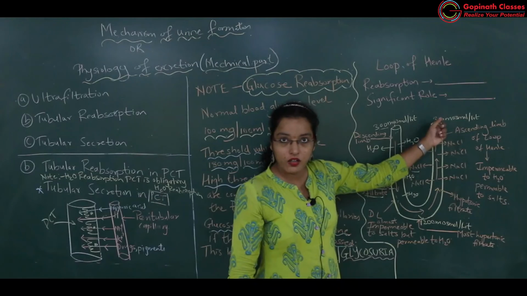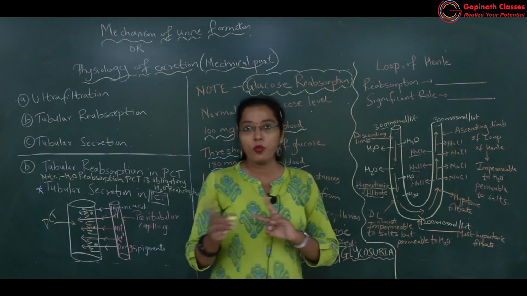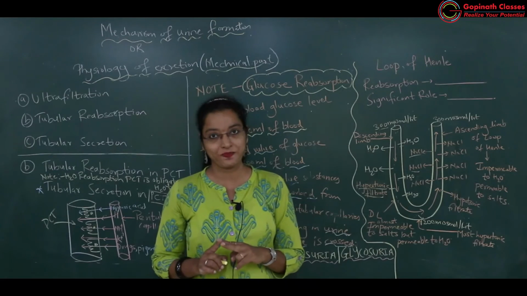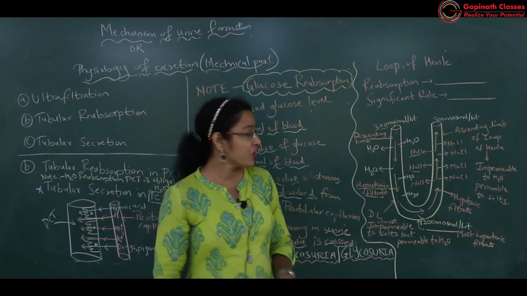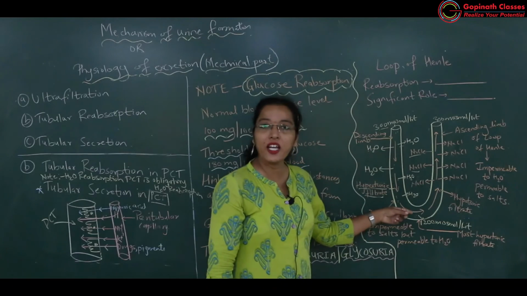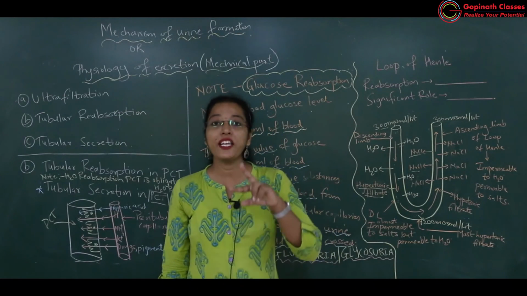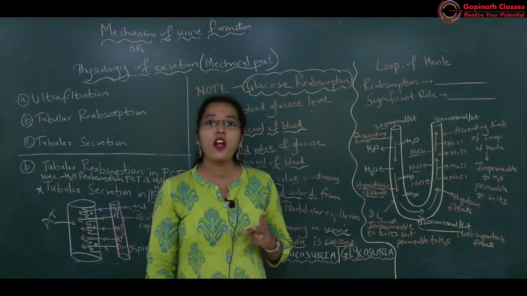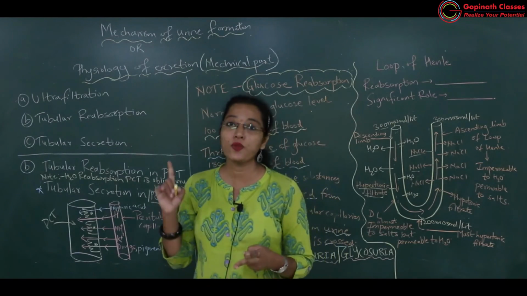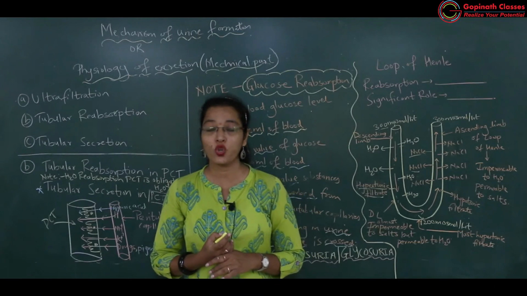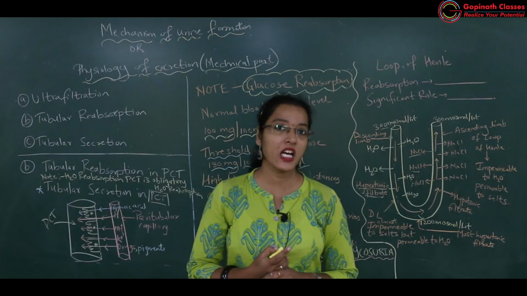So downward and upward, both directions are opposite. So what do we call this? Counter current. The flow of the filtrate is opposite, and because of this counter current, the high osmolarity of the medullary interstitium is maintained, as well as pH and ionic balance of the blood flowing in the vasa recta.